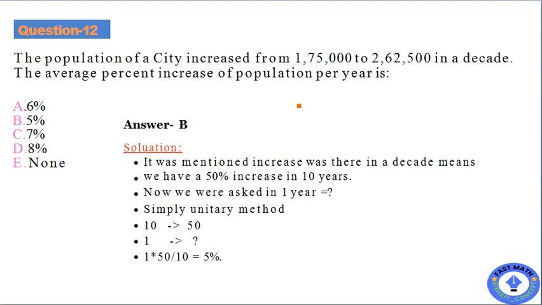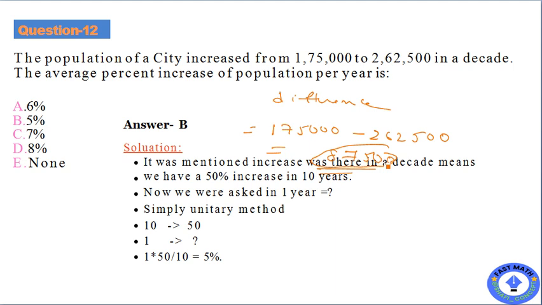In this, you just have to check the difference between the populations, that is 2,62,500 minus 1,75,000, nothing but 87,500. That is 87,500 for 10 years.